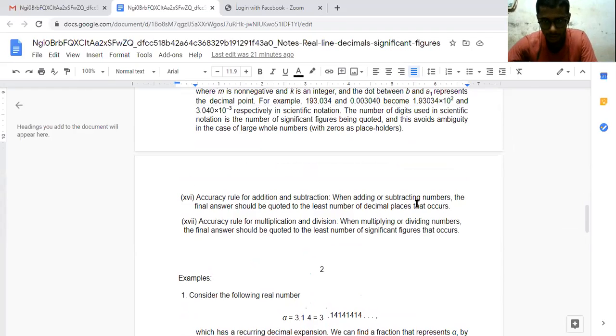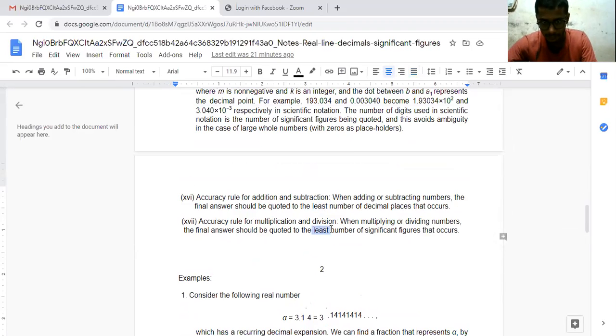When adding or subtracting numbers, the final answer should be quoted to the least number of decimal places that occurs. Again, as I mentioned before, the accuracy rule for multiplication and division: when multiplying or dividing numbers, the final answer should be quoted to the least number of significant figures that occurs.